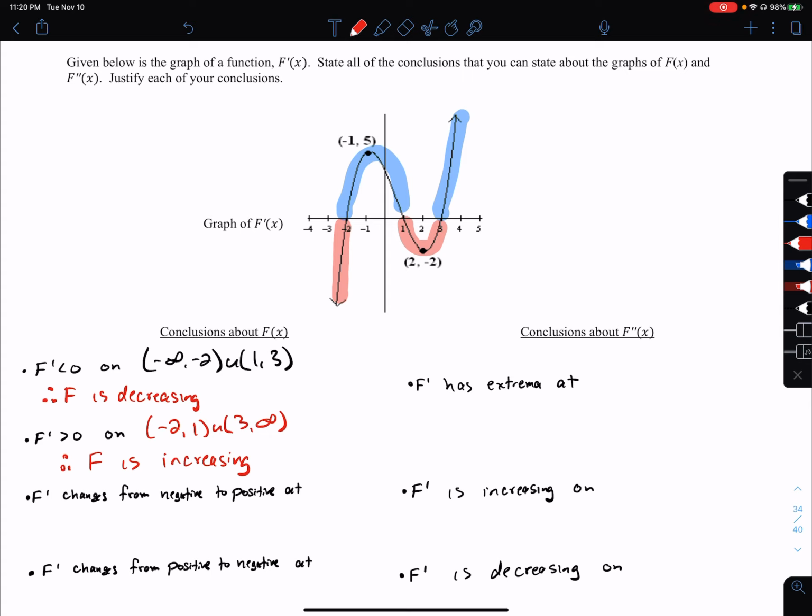F prime changes from negative to positive. Here it's negative, here it's positive, here it's negative, here it's positive. So that's happening at negative 2 and positive 3.